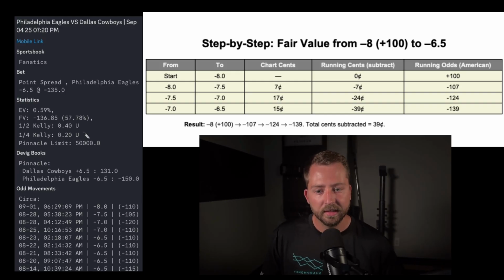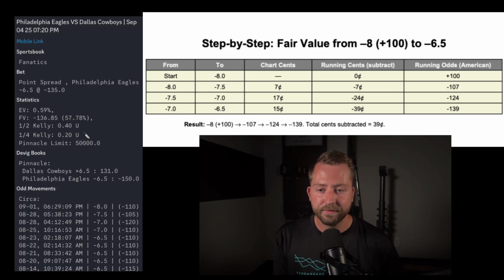The goal here is to get our main line -8, -110 to a fair value for Circa at -6.5. In this example, we're moving from -8 to -6.5, which means this outcome is becoming more likely because we are taking away points that we need to cover as the Eagles. So our fair values are going to be dropping instead of going up.